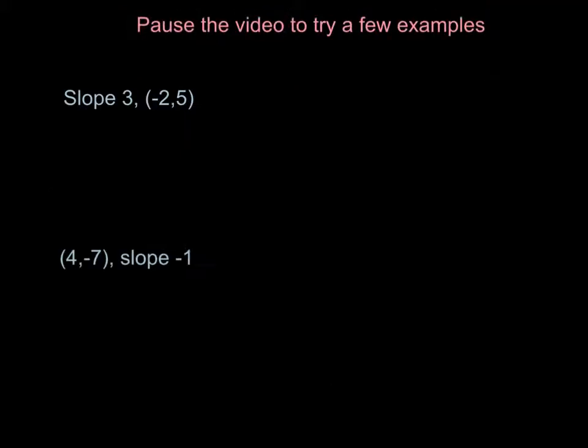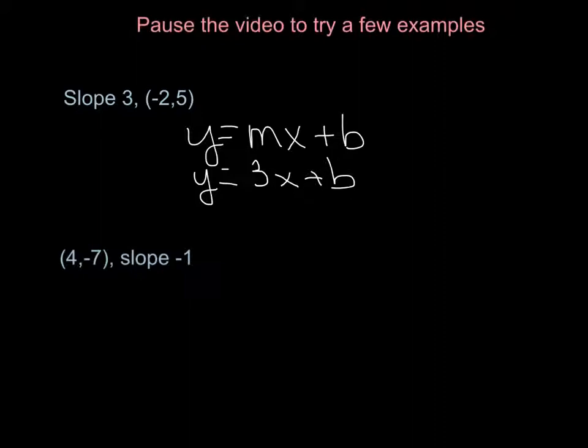Pause the video to try a few examples. The slope is 3, and the point is (-2, 5). And so when we have this, we write our y equals mx plus b. We replace the m with the slope, and then we just replace the y value and the x value.